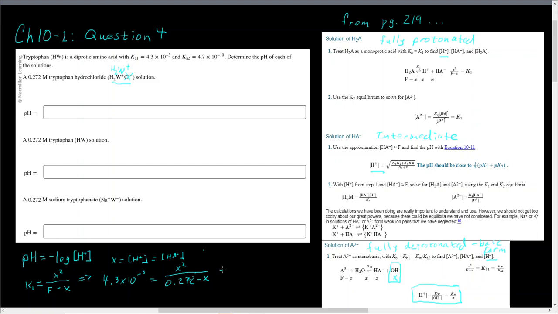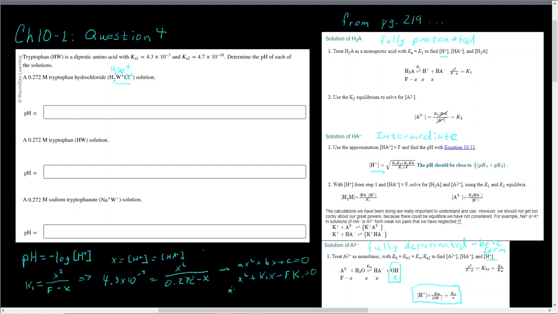So we just rewrite this equation so that it looks like ax squared plus bx plus c equals 0. And when we do that, we get x squared plus k1x minus f times k1 equals 0.